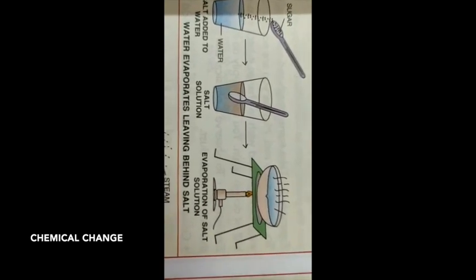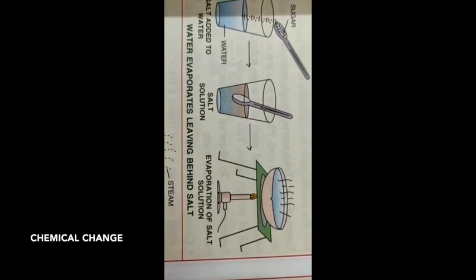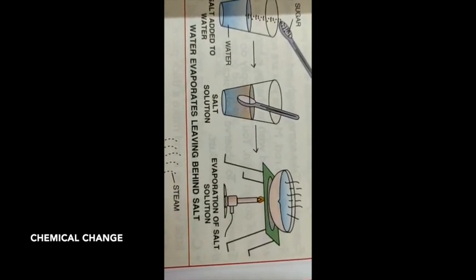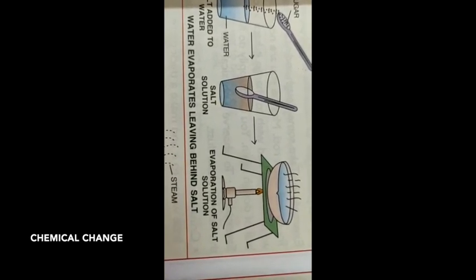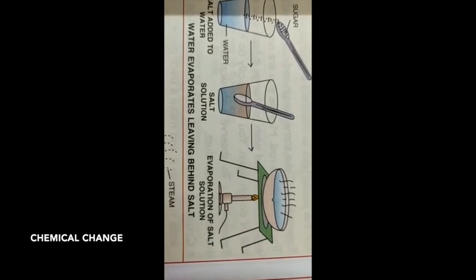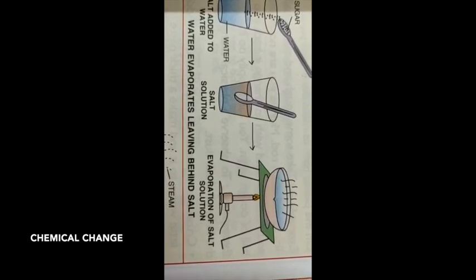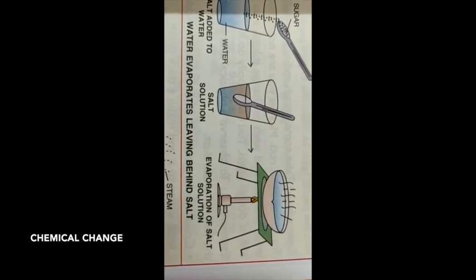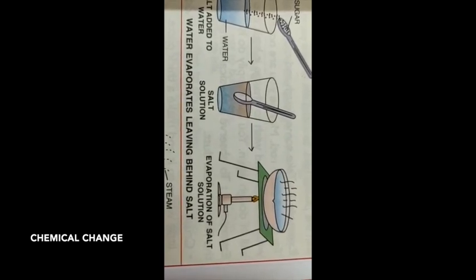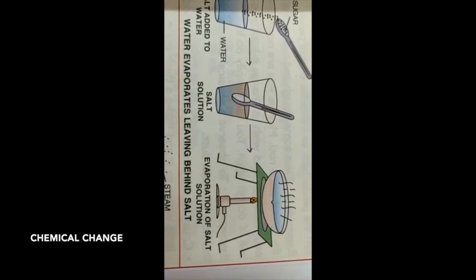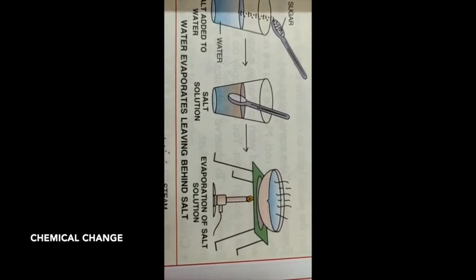And the next process is just to show that it can be separated as well by evaporation. If we separate the sugar from sugar solution or salt from salt solution by evaporation, then we get back the same sugar or same salt with the same mass, same color, same properties and same taste as well.